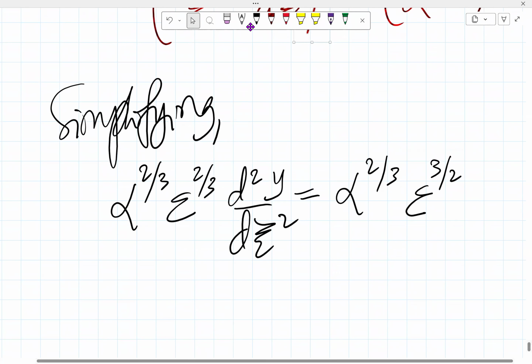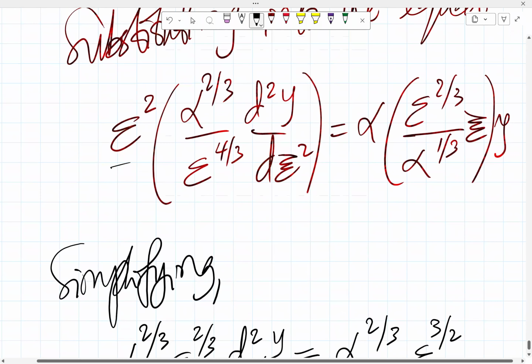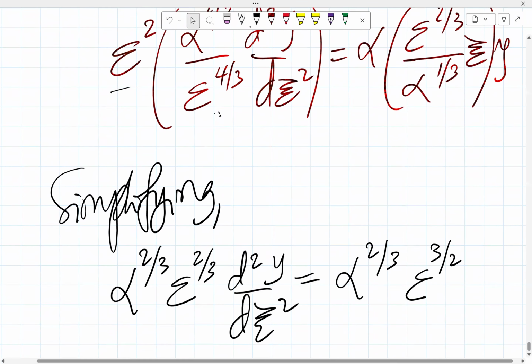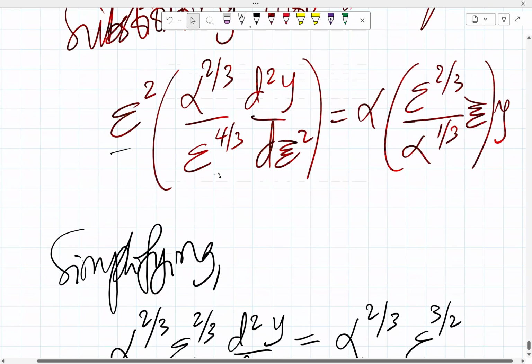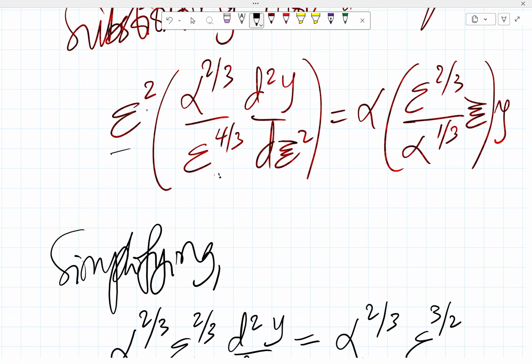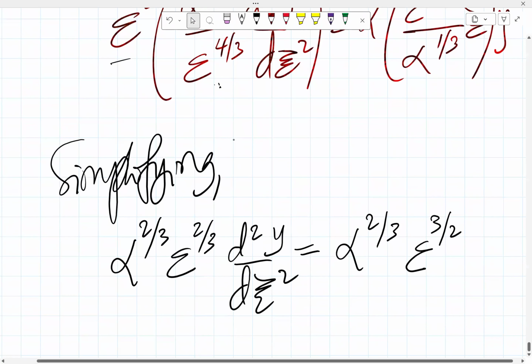So this epsilon here operates on this. If you bring it down, that's epsilon raised by 4 over 3 minus 2, and this can now go up as positive, because this will be epsilon raised by 2 over 3 down here. If you take it up, this 2 is 6 over 3, so that's minus 2 over 3. So it goes up and the minus is gone.